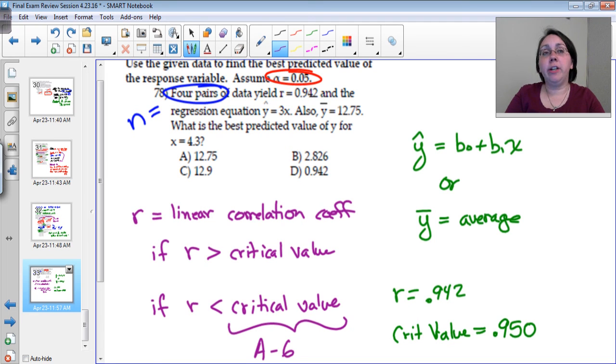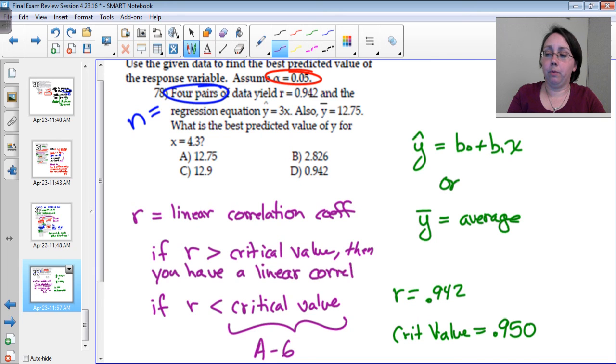Now, if R is bigger than your critical value, does anybody remember what your conclusion is? Then you have a linear correlation. Linear correlation means you use the line.